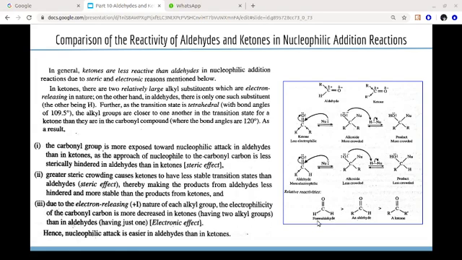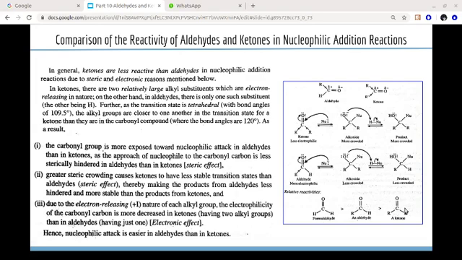Formaldehyde is highly reactive in nucleophilic addition because there are no large alkyl groups, so the nucleophile can easily attack the carbonyl carbon. Then in the case of other aldehydes also the nucleophile can attack very easily.